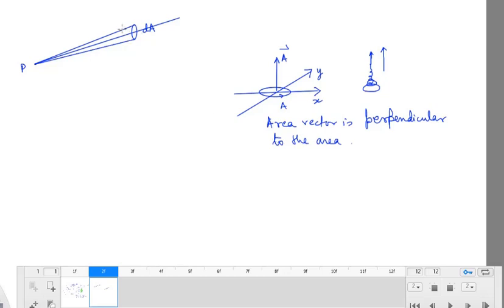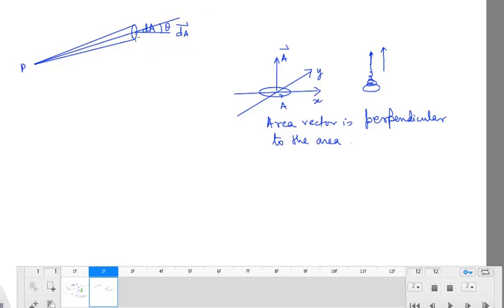Now in the case of solid angle, what will be the direction of this area? You take the central point and draw a perpendicular line, and this is the direction of the area, and this will be dA vector. Fine. Now what's the angle between this straight line and this dA vector? This angle is theta.